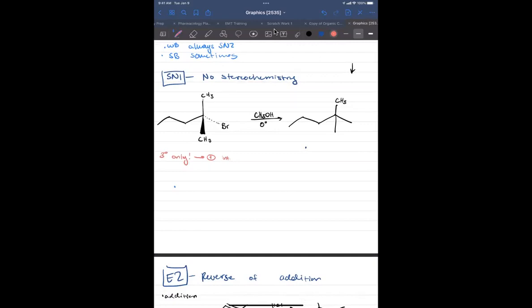Obviously, it can also be conjugated by double bonds that could resonate with it. But those are the exceptions that we're looking at. For the most part, tertiary only, secondary and primary if it's benzylic or allylic. But for the most part, it's going to be tertiary. And again, it's racemic.